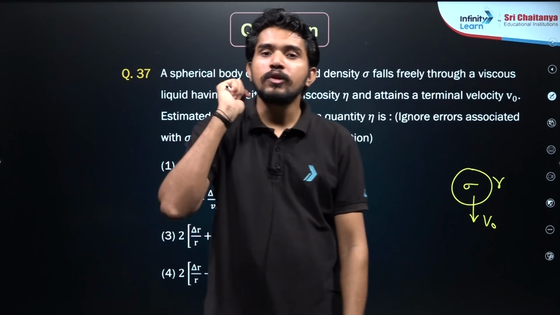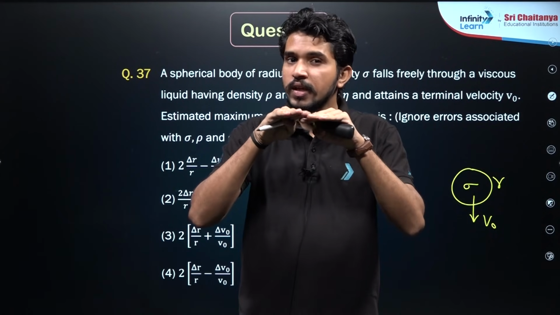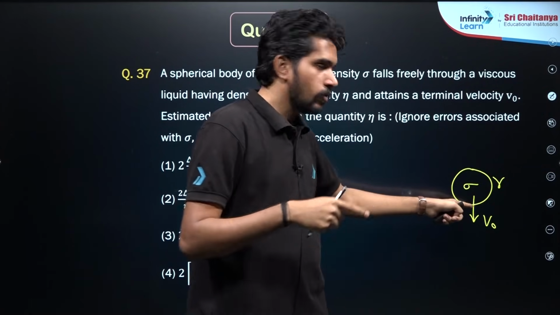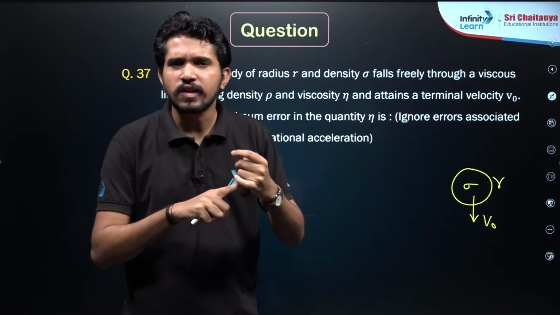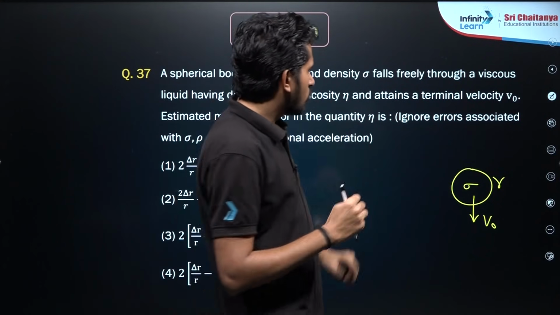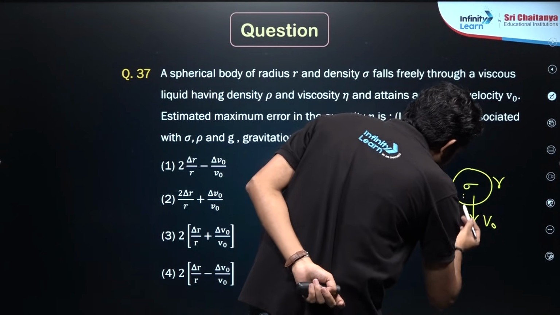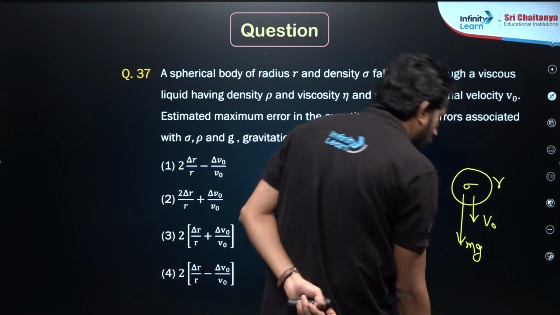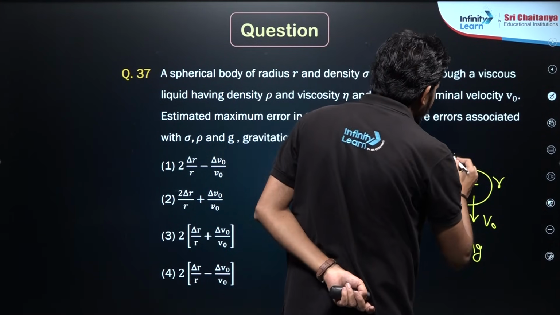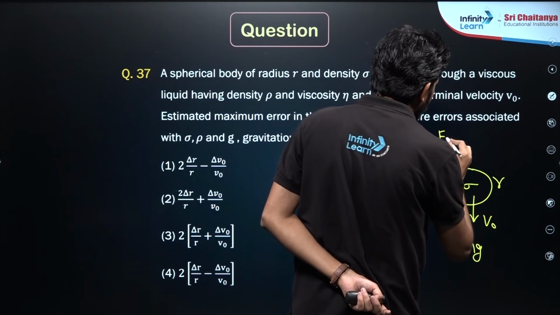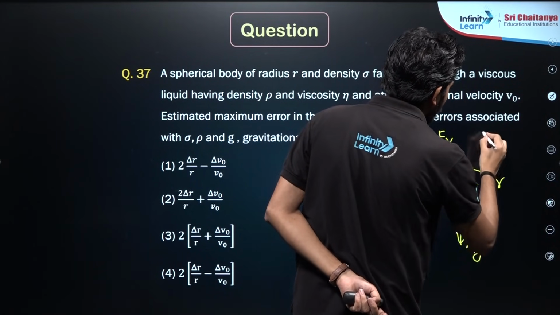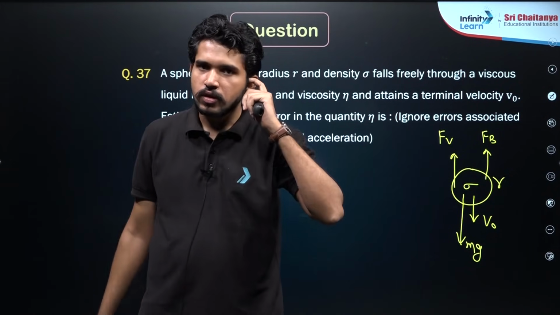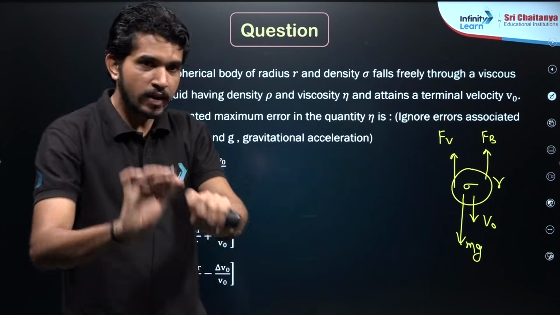If velocity is constant, that means net force is 0, because acceleration is 0 here, right? So in this case, downwards pull is mg, and viscous force FV plus buoyant force FB equals mg, gravitational pull. Simple.